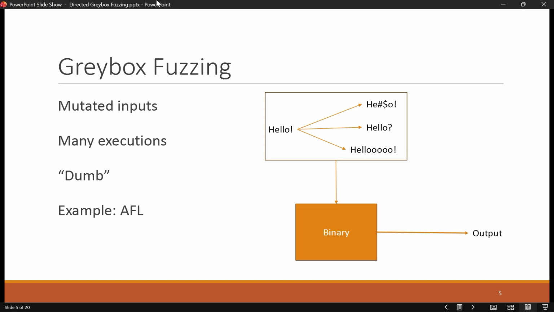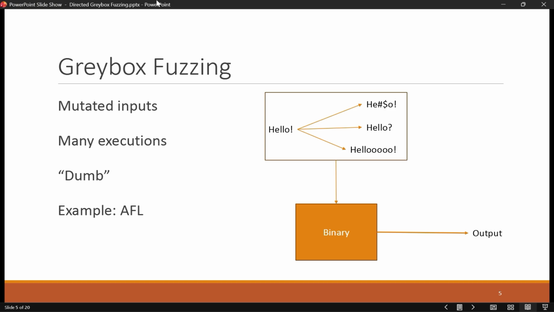In gray box fuzzing, you will have some way to gain information about the binary by instrumenting it. What we've done, and what modern fuzzers do, is look at code coverage. When you're preparing the binary to be fuzzed, you put something in it that shows you when you're covering certain parts of the binary, and that information can then be sent back to the fuzzer, and then it can choose to do what it wants with this information.